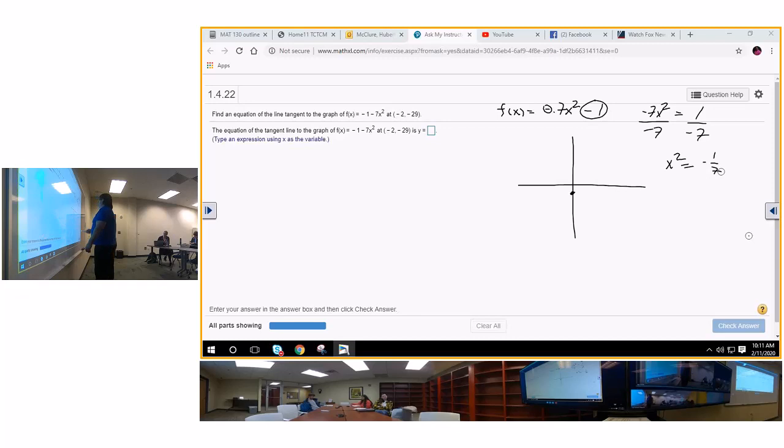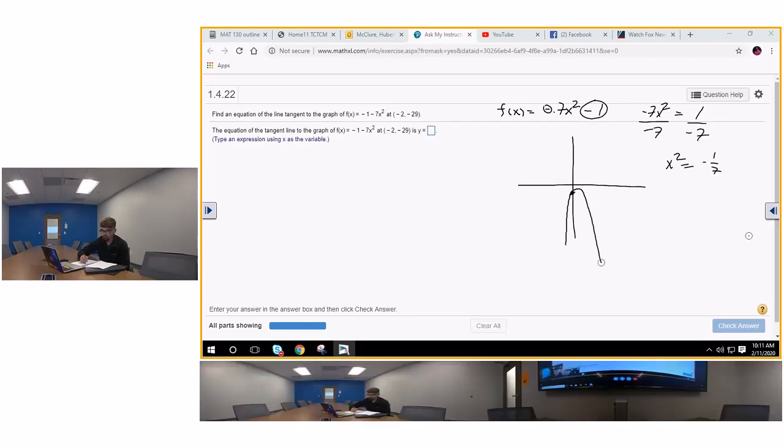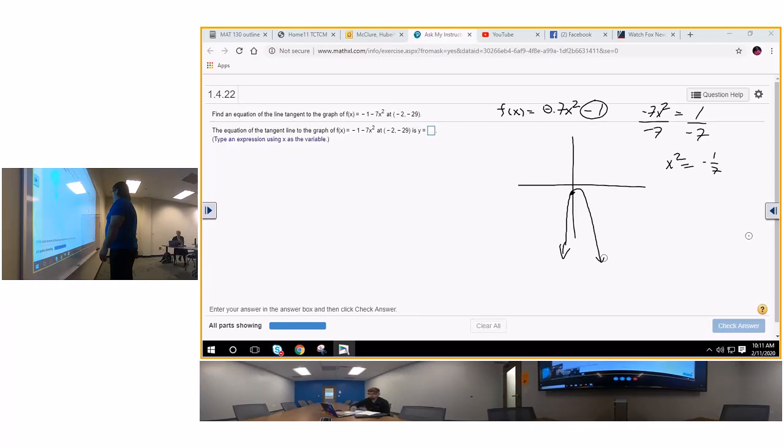So that means we're taking the square root of a negative, which means what? No what? X-intercepts. So we got something that looks, I don't know, something like this. And something like that. Okay? Skinny. We've got a vertical shift of negative 1, and it's opening downward, and that's pretty much it.